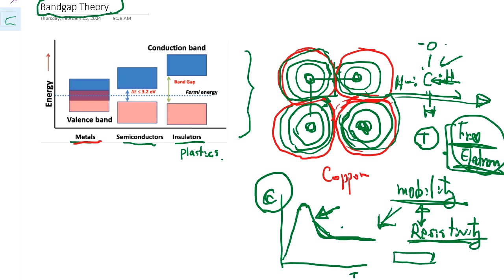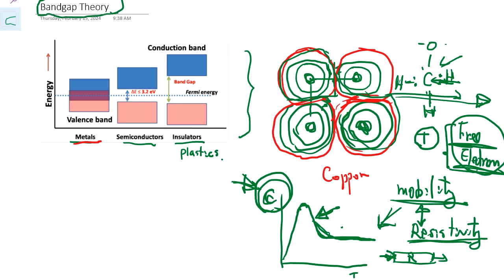It limits the mobility of electron from one side to another, and that's why you have a resistor R. Okay, so there are several other factors to affect the conductivity, but mainly we concentrate on conductivity.